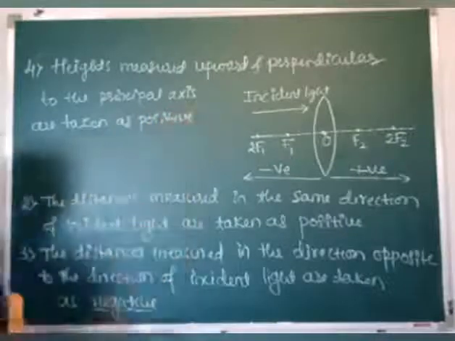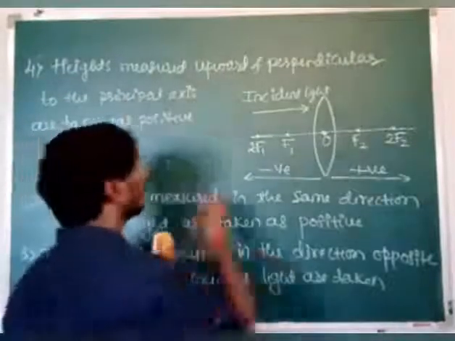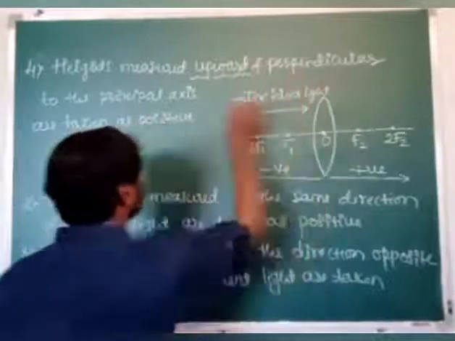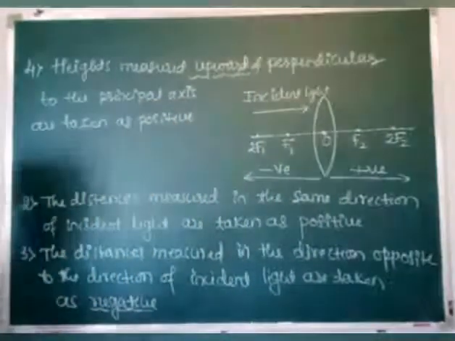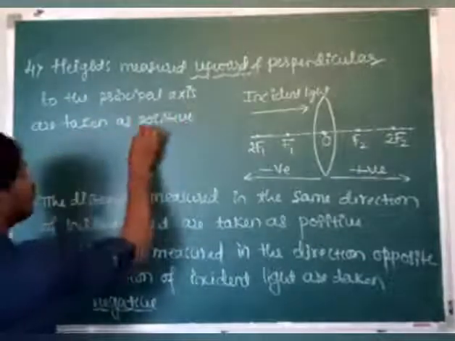So what is the fourth sign convention? Heights measured upward. This is very important. Heights measured upward and perpendicular, meaning those heights are perpendicular to the principal axis, are taken as positive.